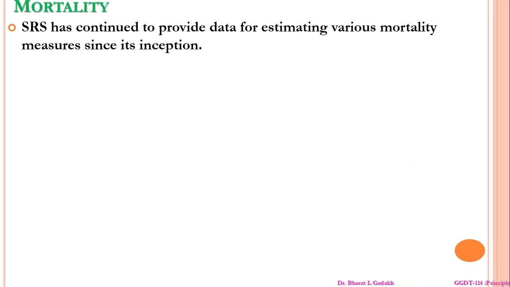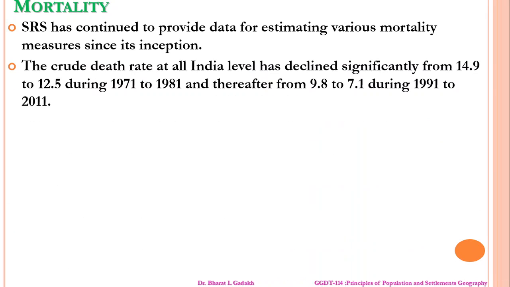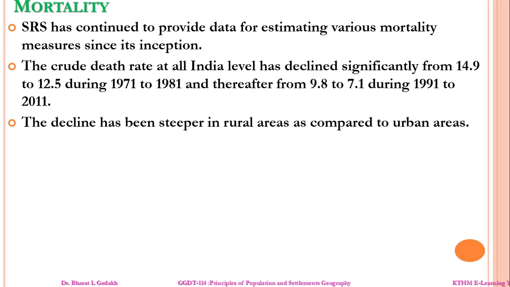Now here will be discussion of mortality from the SRS, which continues to provide the data for estimating various mortality measures. Crude death rates at all India level declined significantly from 14.9 to 12.5 during 1971 to 1981, and thereafter from 9.8 to 7.8 during 1991 to 2011.